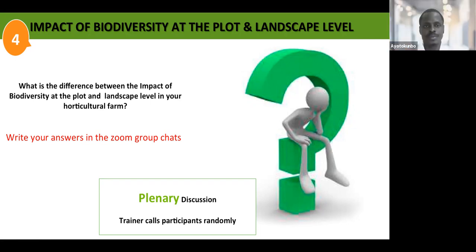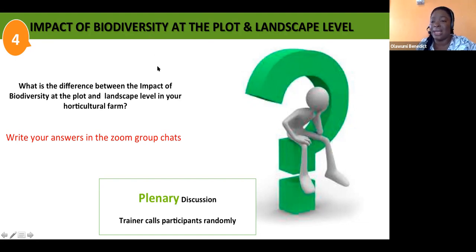So one of the advantages of having this course is for us to start thinking, how do we reduce this impact? Even though we want to increase our production and our income, how do we work with nature so that we are able to reduce the negative impact, both on our plots and on our landscape?